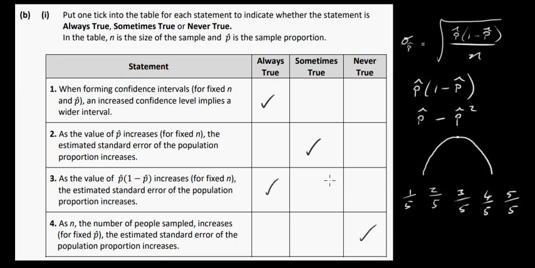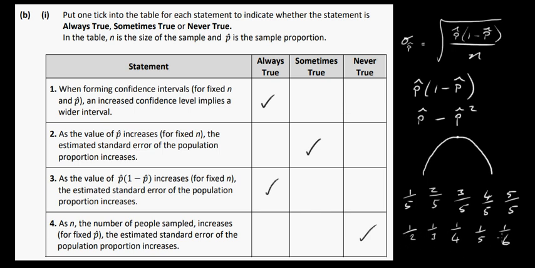The fraction decreases. To give you an easier example, let's say 1 over 2, 1 over 3, 1 over 4, 1 over 5, 1 over 6. Here the denominator is increasing, going from a half to 1/6.